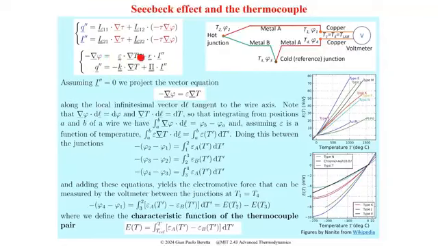So the remaining stuff is this simple relation between the gradient in phi and the gradient in temperature. So you do those 3 integrals. You should not assume that epsilon, the Seebeck coefficient, is constant, so that it goes out of the integral.